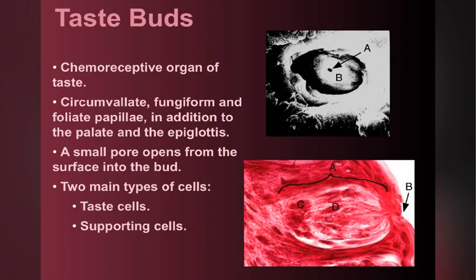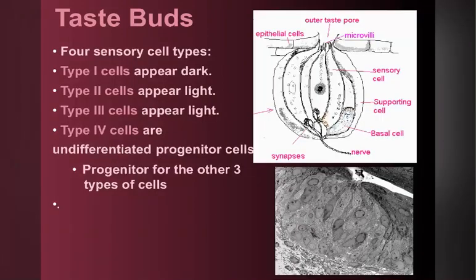They are called type 4 taste cells. We have 3 types of taste cells in this region: type 1, type 2, type 3, and type 4 is the basal cells. So 4 sensory cell types.